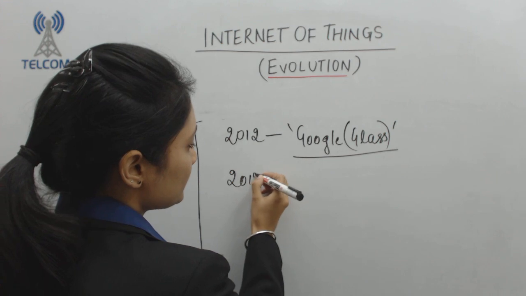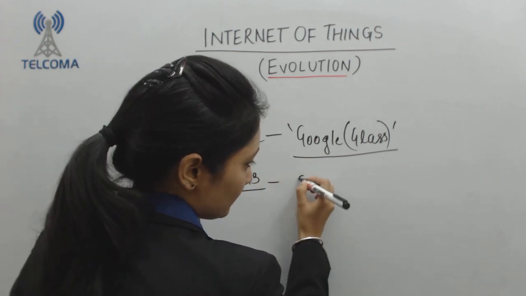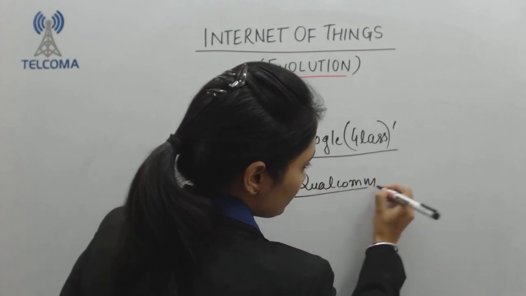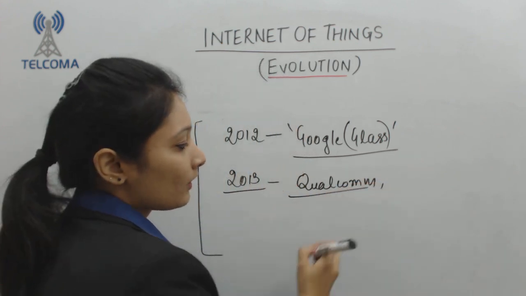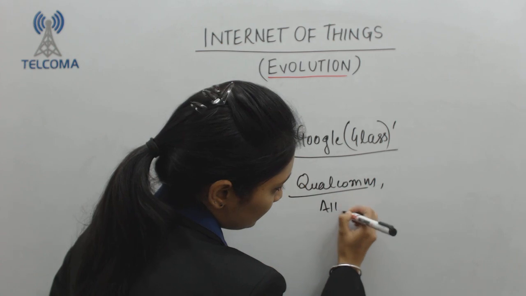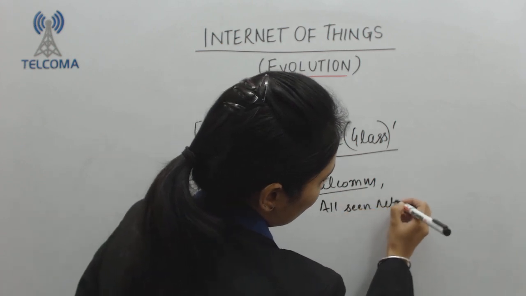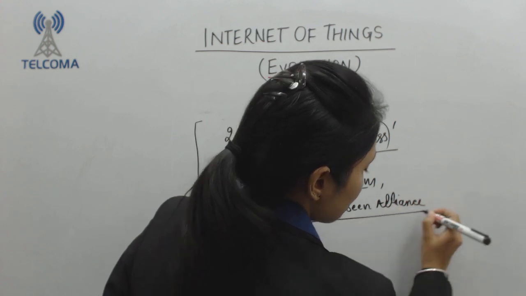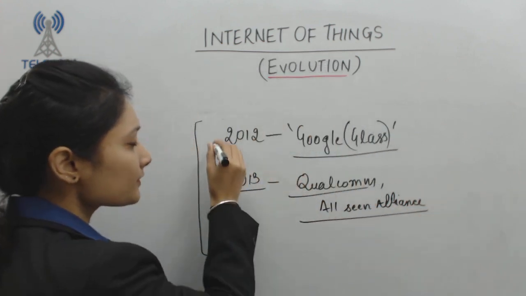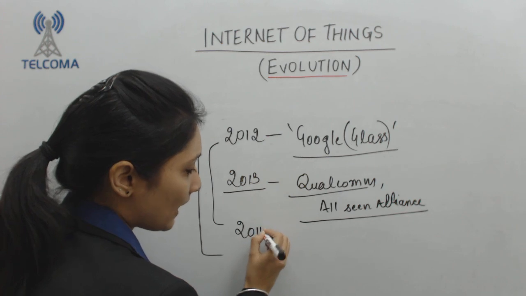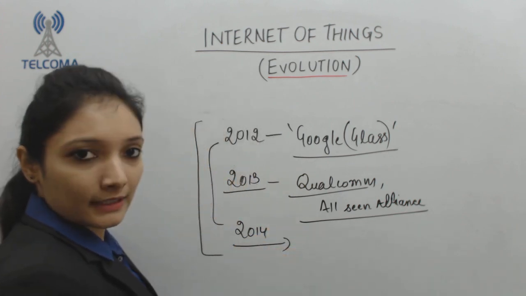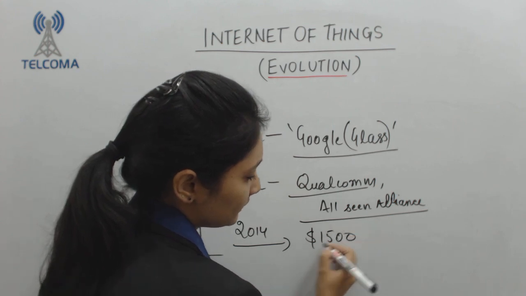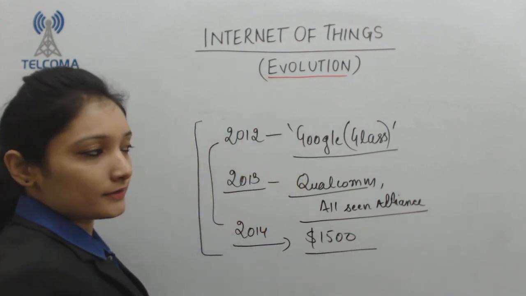And in 2013, the Qualcomm Association also promoted an all seeing alliance for the Internet of Things. By 2014, Google Glass went on sale at the cost of $1,500.